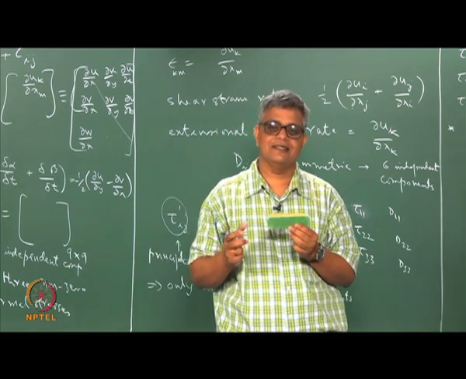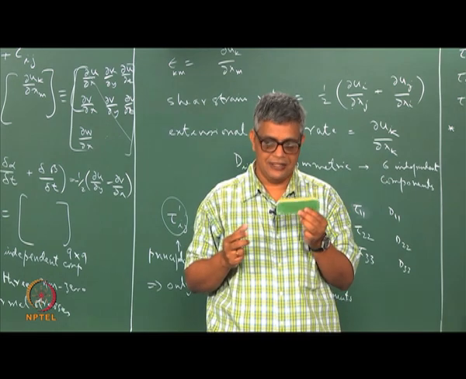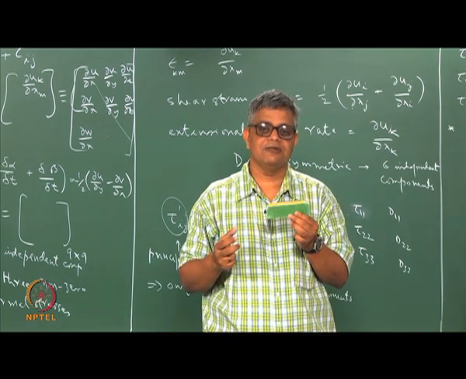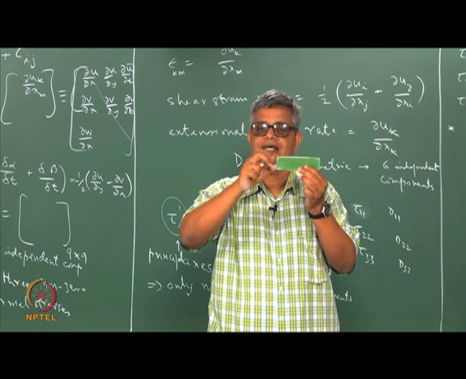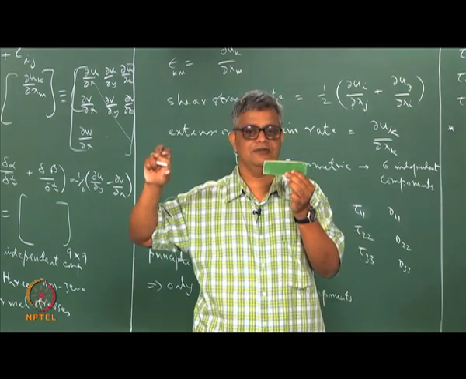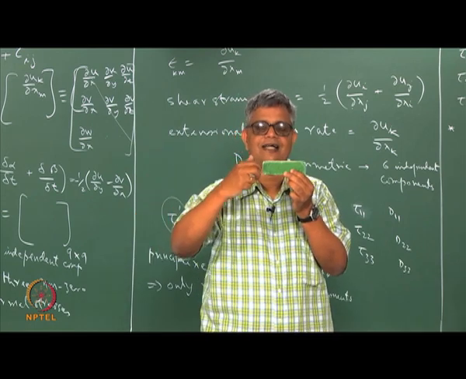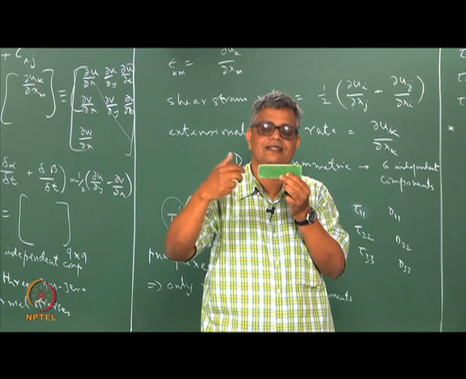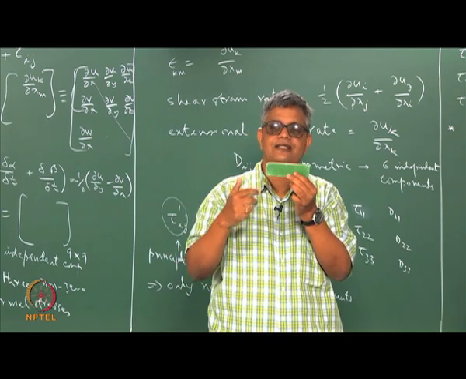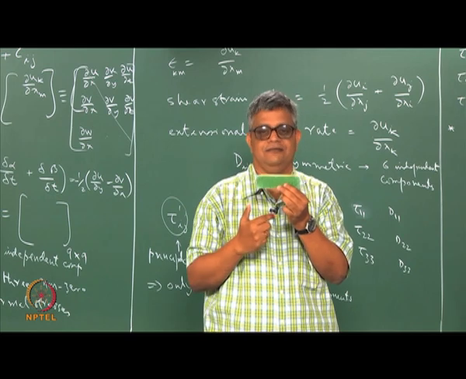So what we are saying is that in an isotropic medium, we are allowed to distinguish between a deformation produced in the direction of application of the stress, and a deformation produced in the transverse direction. In the transverse direction, you cannot distinguish between y and z.